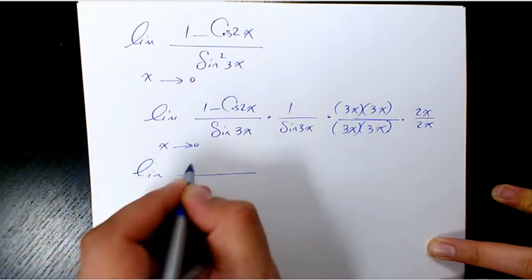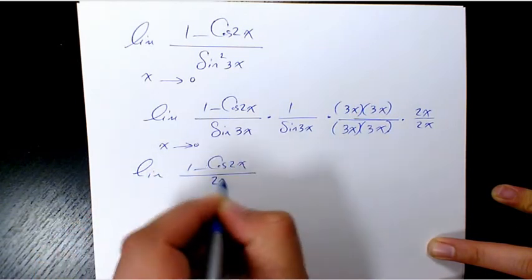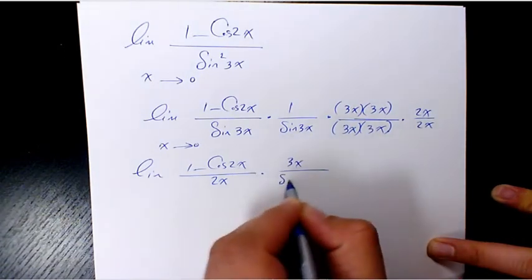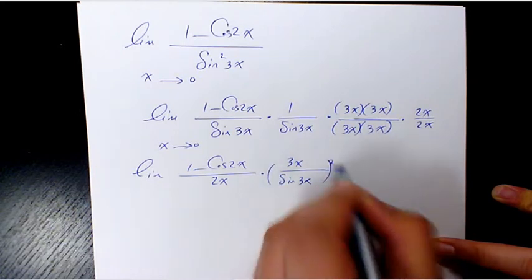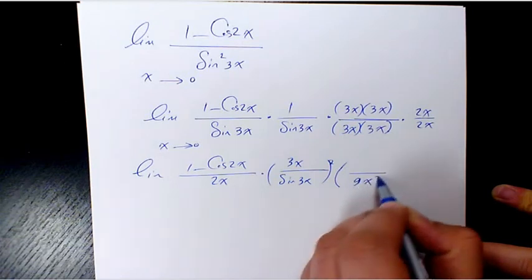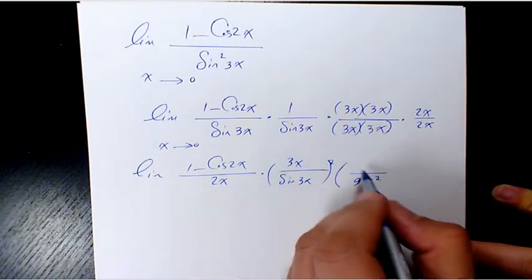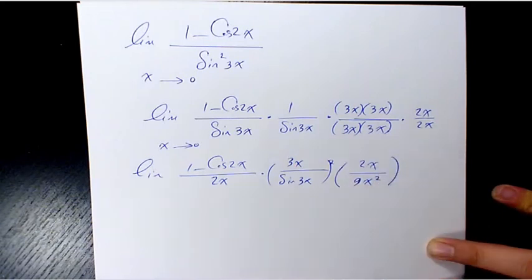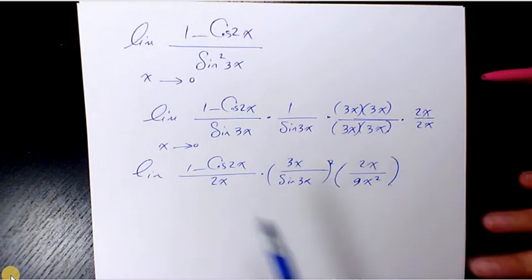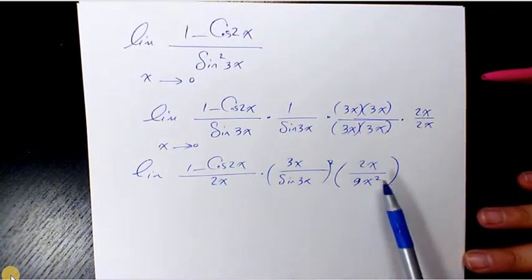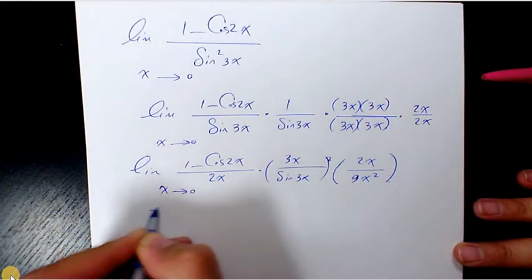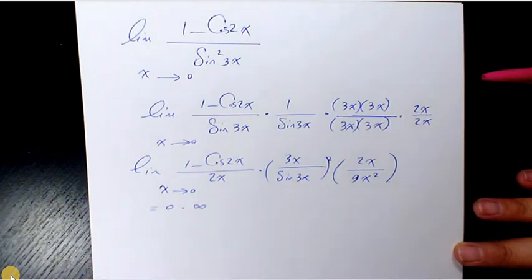That's going to make it 1 minus cosine 2x over 2x times 3x over sine 3x to the power of 2, and you have 9x squared in here and 2x in here. Now this one is going to be 0, this one is going to be 1, and this one, since it goes to 0, is going to infinity. So since it is 0 times infinity, we need to do something else.